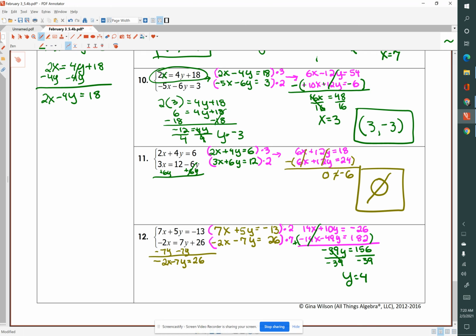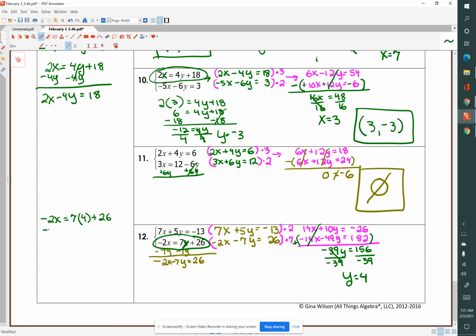Then I'm going to go ahead and take that 4, and I'm going to substitute it. I think I will use the second equation. It just looks easy. So I'm going to substitute this y in the second equation. So I have negative, in fact, let's move over into the margin here so we have a little extra room. Negative 2x equals 7, use parentheses for your substitution, times negative 4 plus 26.